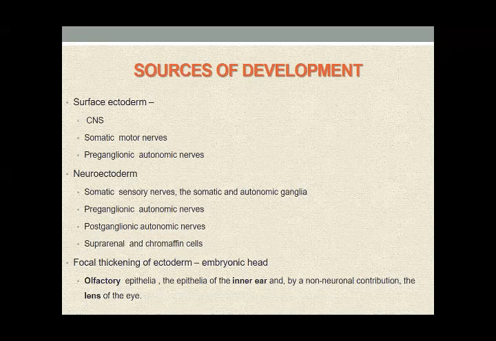And then I've written focal thickening of ectoderm. You all know this from the development of the special senses, which we've just done. On the developing surface ectoderm, in certain places, the epithelium, that is the surface ectoderm, gets thickened.